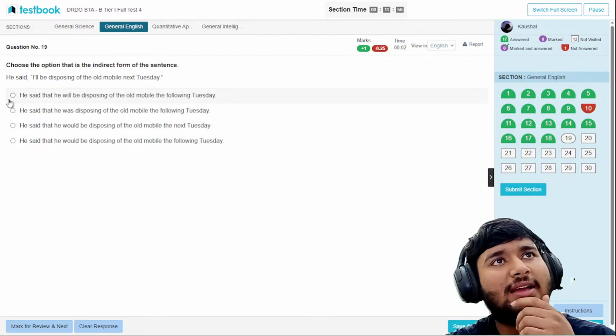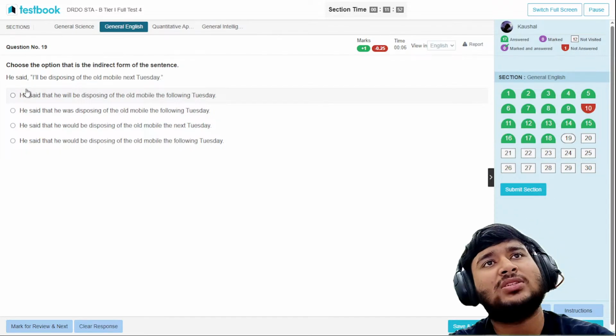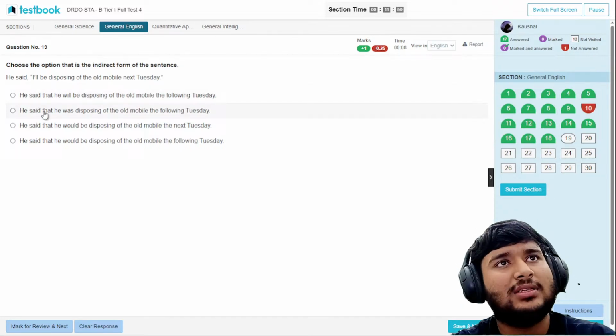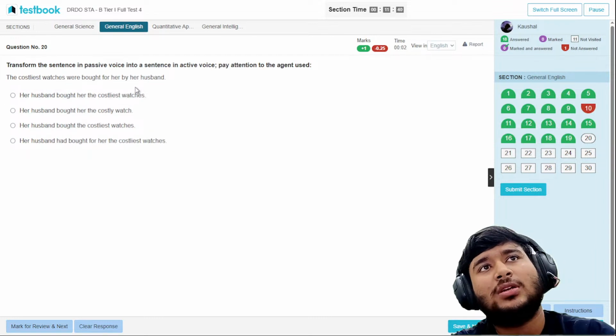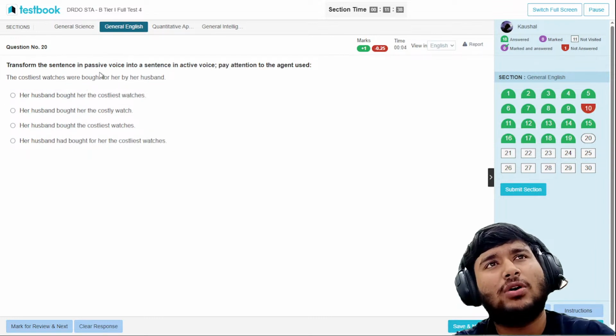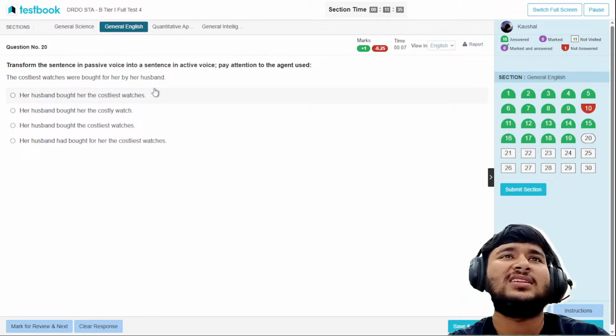He said I will be disposing of the old mobile next Tuesday. He said that he would be disposing of the old mobile. The costliest watch was bought for her by her husband.